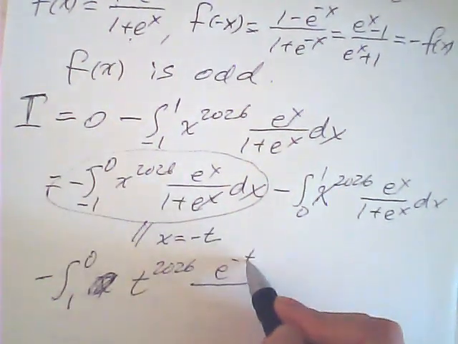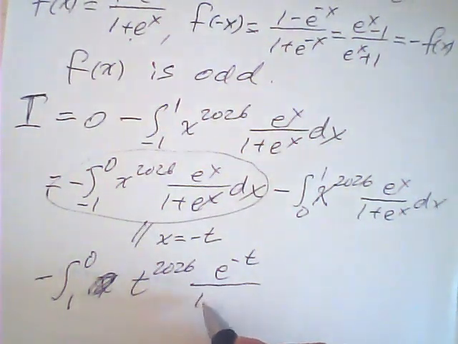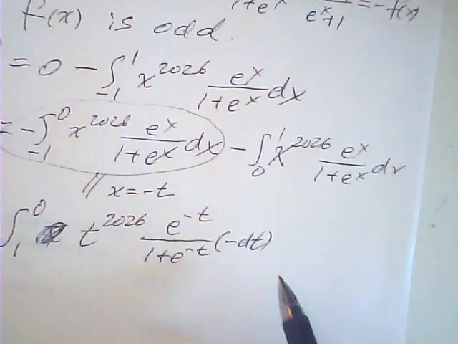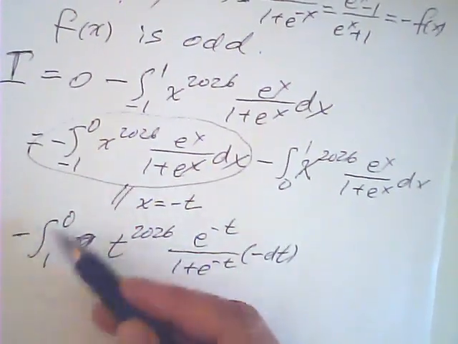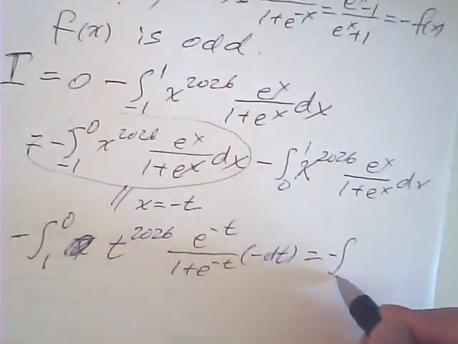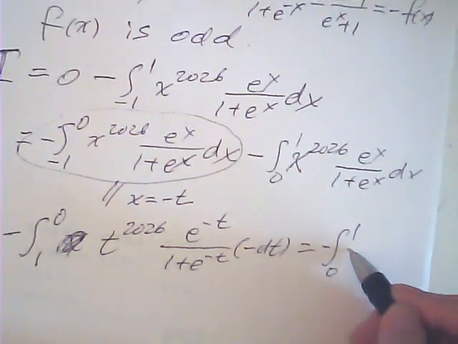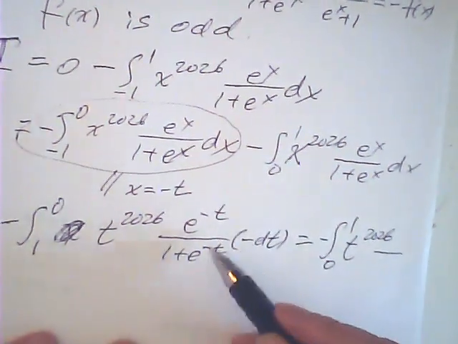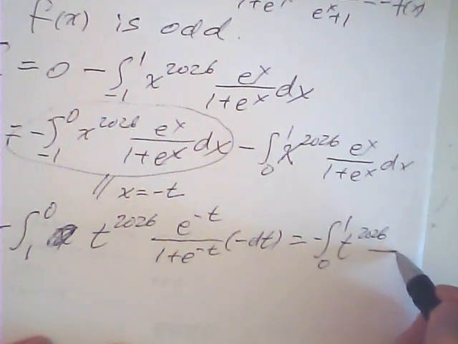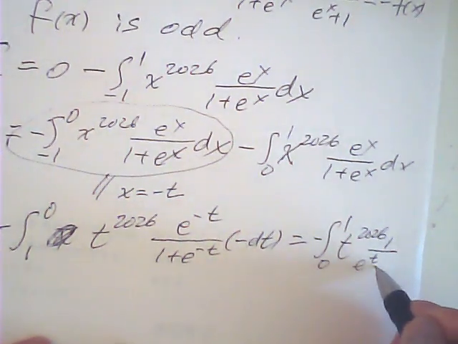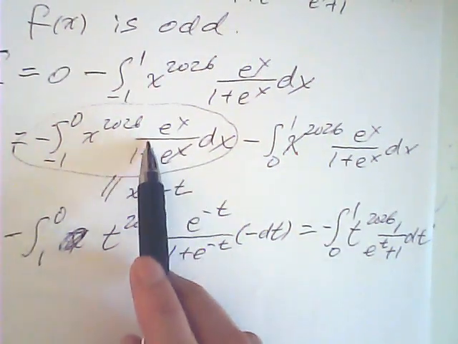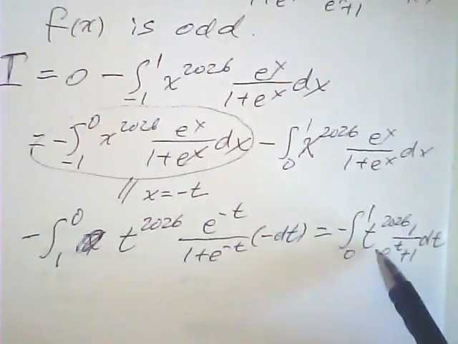This is e to the negative t over 1 plus e to the negative t. Use this negative to change the order, so it becomes a negative, 0 to 1, t^2026. If I multiply by e to the positive t, it becomes 1 over e^t plus 1, dt. Therefore, this one is this. I can rewrite t as x.